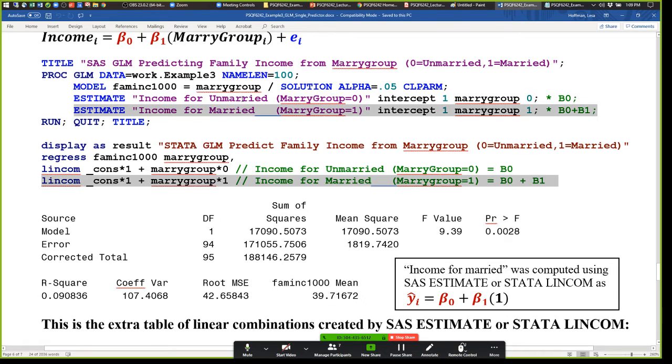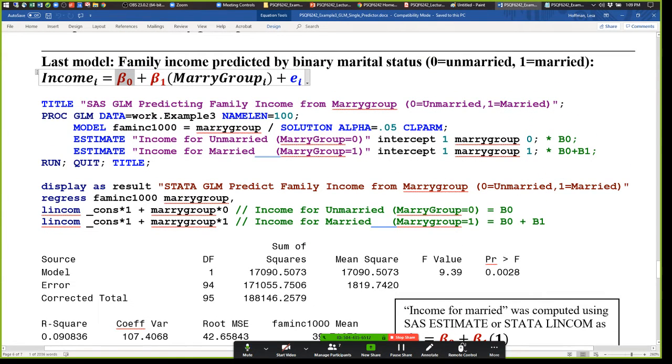We know what the mean is for each group. We knew it for unmarried because that's what the intercept means. Beta 1 tells us if the means are different, how different they are from each other, and how beta 0 and beta 1 combine to get the mean for the one group is this extra thing that you just learned how to ask for right here.